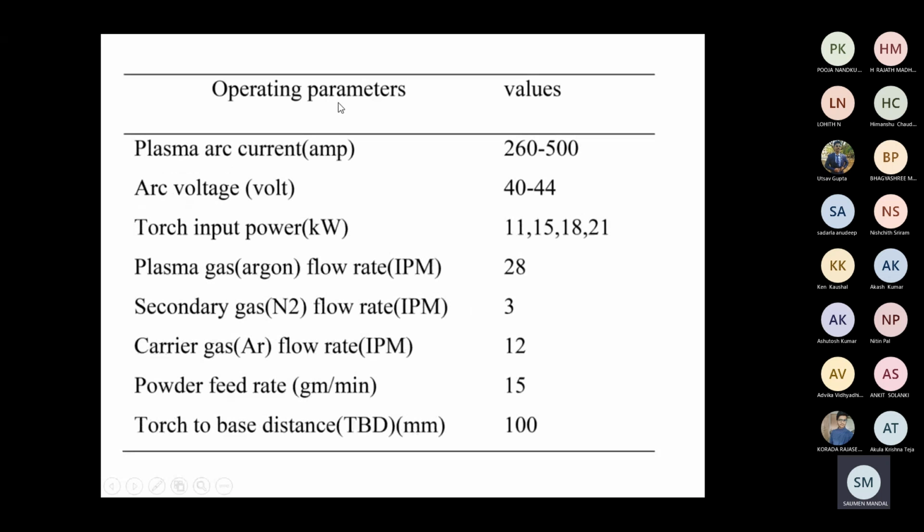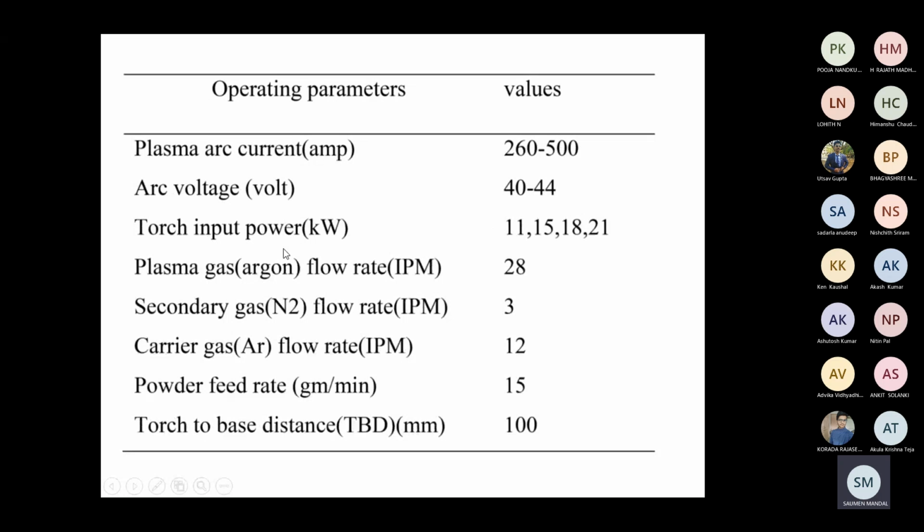And this is one typical parameter table, with operating parameters and values: plasma arc current 260 to 500, arc voltage 40 to 44, torch input power in kilowatts around 11 to 21.